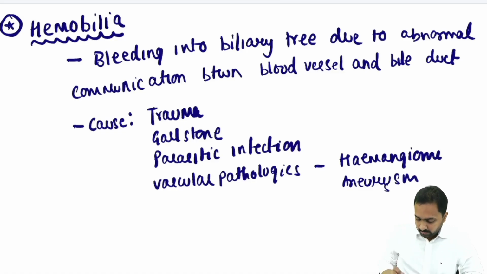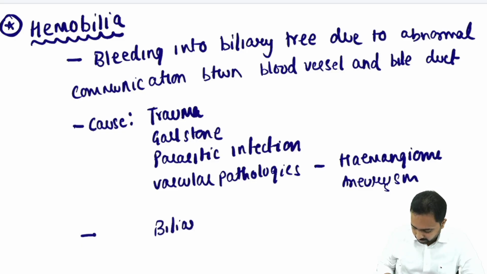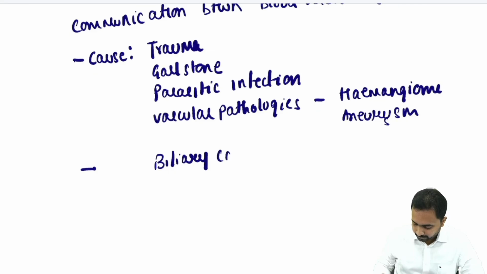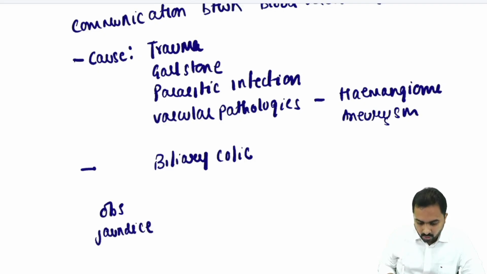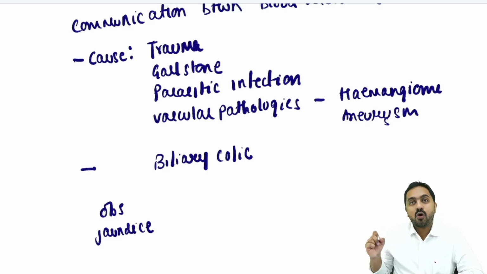Right. Now the clinical features over here could be a biliary colic. It may present with an obstructive jaundice, or it may present with melena or occult blood in stool.